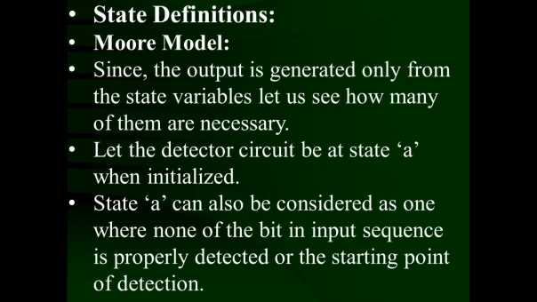It can be randomly anywhere; the outputs of the flip-flops can be 1 or 0, anything, and corresponding to that, some state will be there. State A can also be considered as the one where none of the bits in the input sequence is properly detected, or the starting point of the detection.